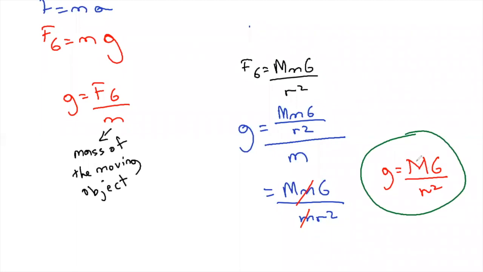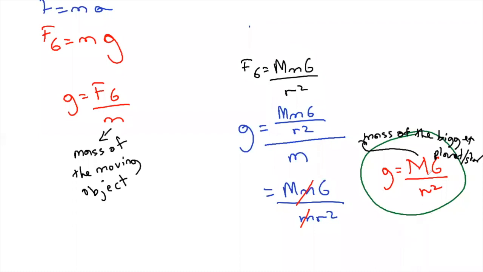So let's write it down: mass of the bigger planet or star. Because the big M is always the bigger mass and the small m is always the smaller mass.